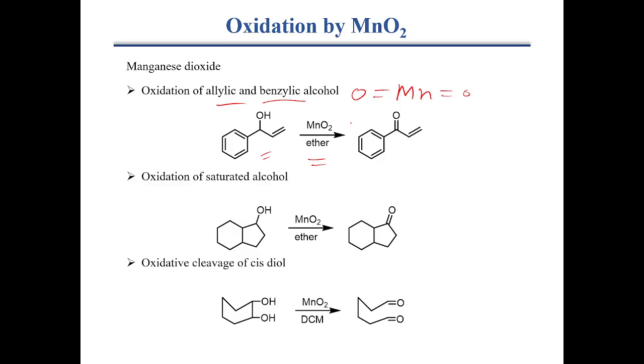So here what happened? This alcohol undergoes homolytic cleavage and forms this O radical. This also cleaves, so now this radical forms.